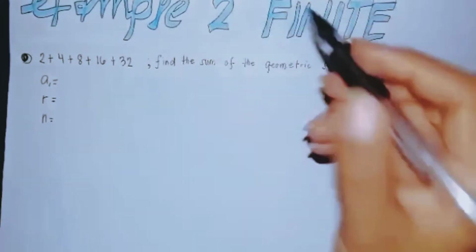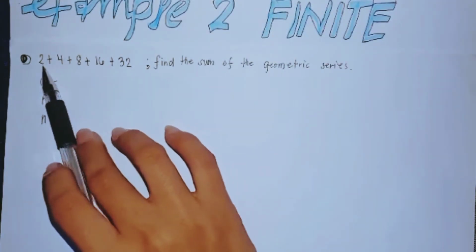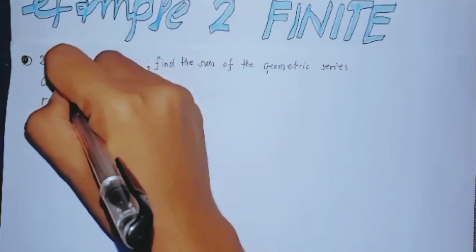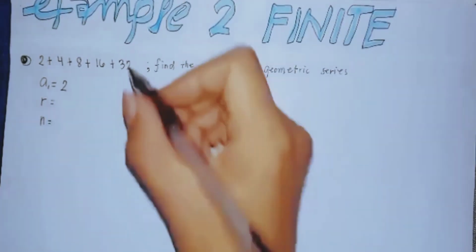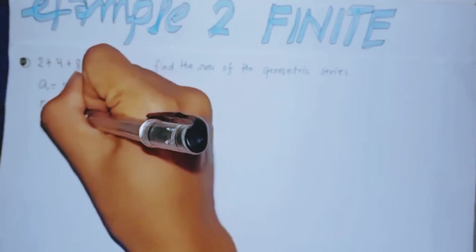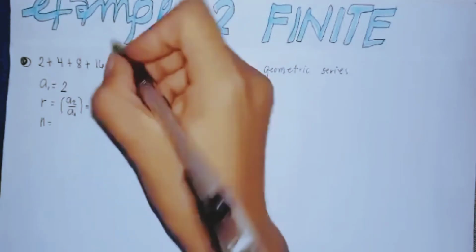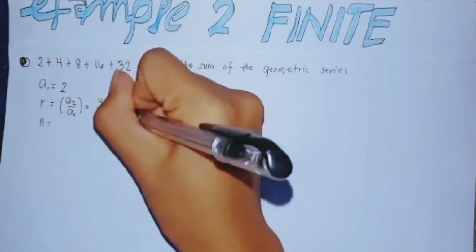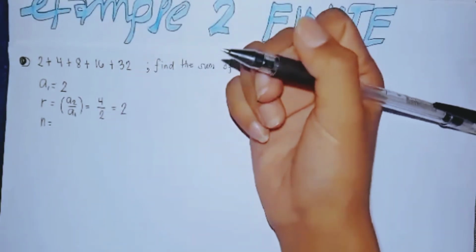A1 is the first term. So in this example, A sub 1 is 2. And then r, common ratio, formula is A sub 2 divided by A sub 1, which is 4 for A sub 2 and 2 for A sub 1. And then 4 divided by 2 is equal to 2.